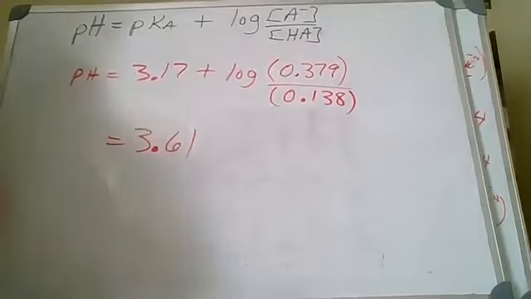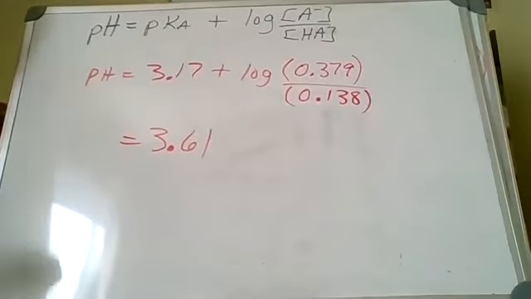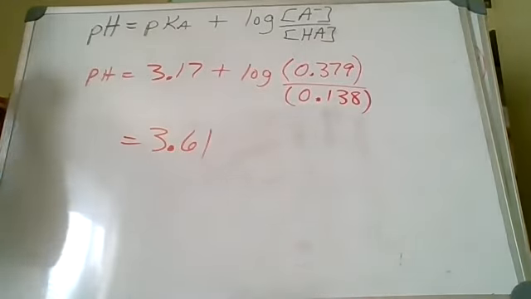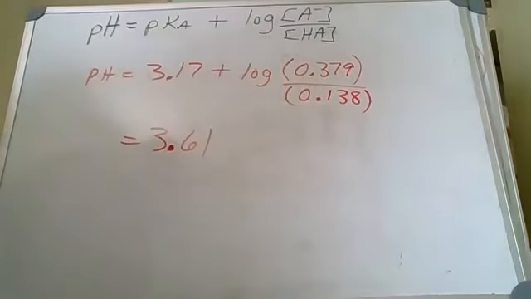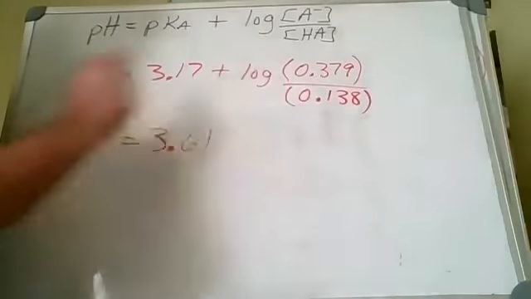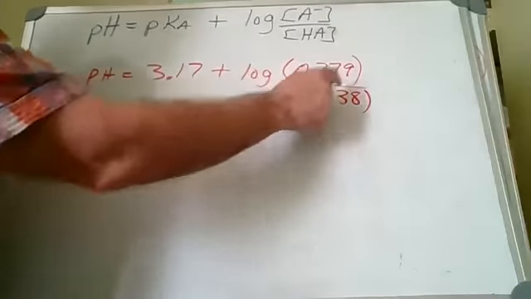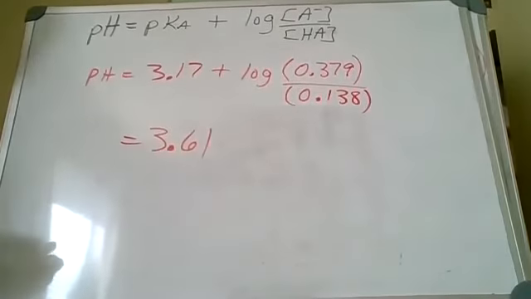All right? So hopefully you have some appreciation for how tremendously the Henderson-Hasselbalch equation simplifies calculating the pH of a buffer solution. Okay? I want to mention a couple other things. One thing that I don't want you to walk away without realizing: we did have to calculate this 0.379 and 0.138, those are the diluted concentrations.